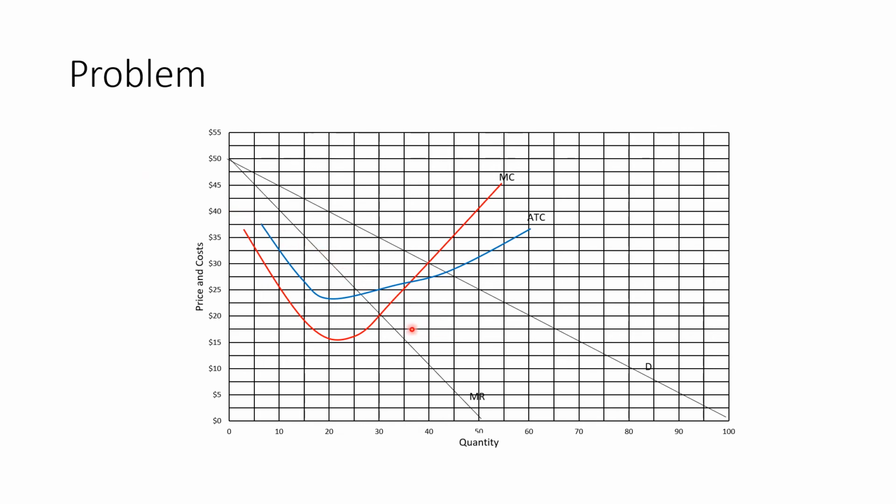For profit maximization, we produce where the marginal cost and the price are the same at this level. The question is, can you make a profit at that level of production? Well, here's your average total cost. So price per unit is greater than cost per unit. So yes, you can make a profit and be competitive. And so as a result, this is not a case for natural monopoly.